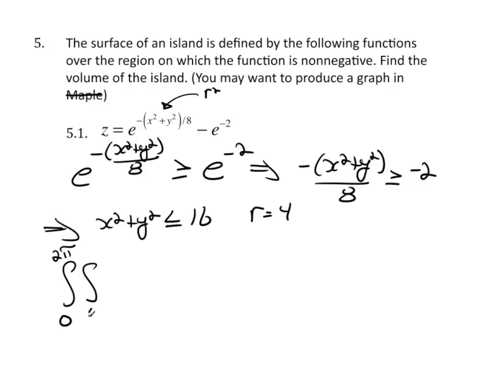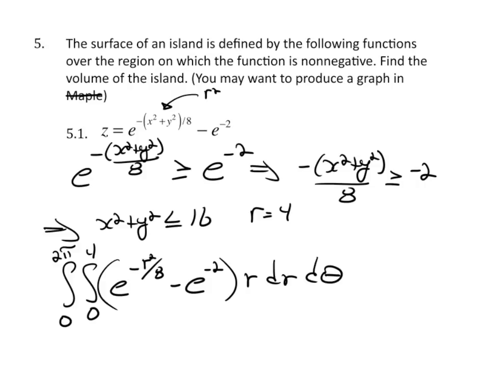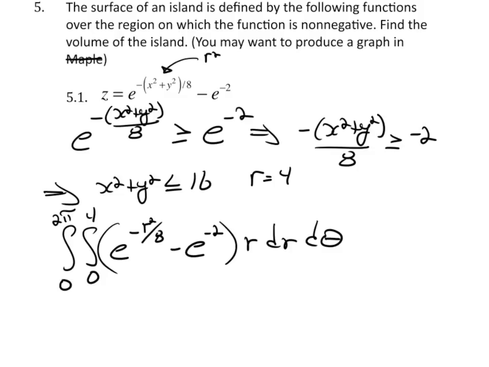The radius will go from 0 to 4. And remember, this is r squared, so I will be working with e to the negative r squared over 8 minus e to the negative 2, times r dr d theta. So that's my setup for this particular integral.